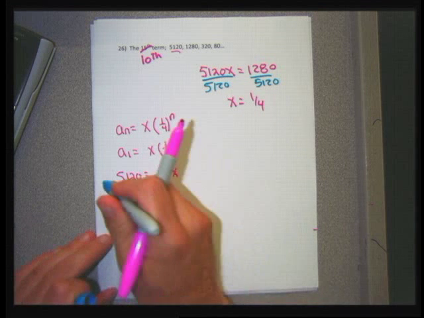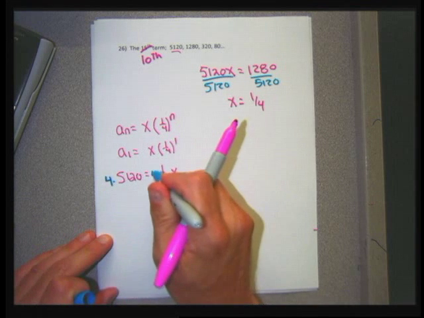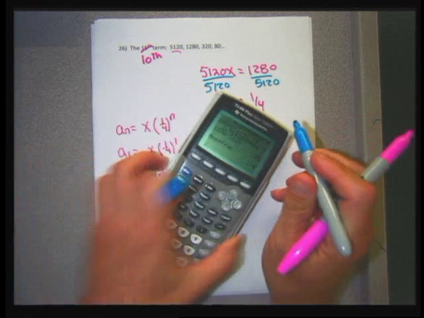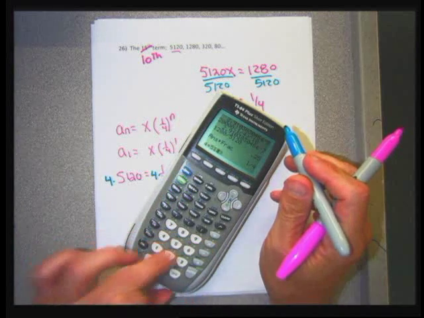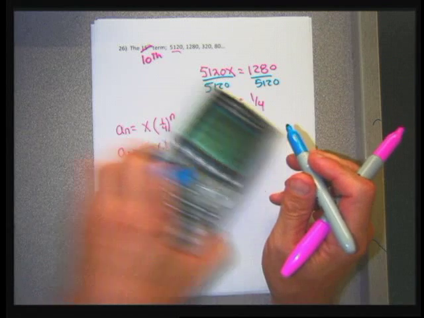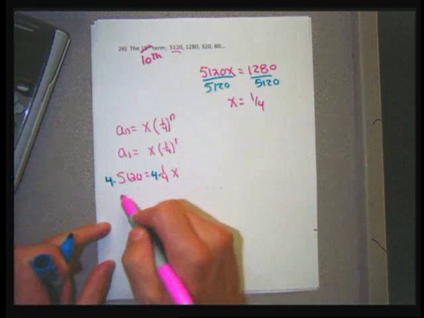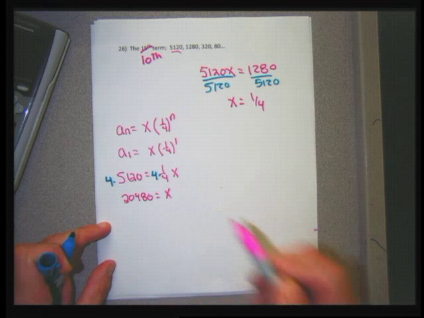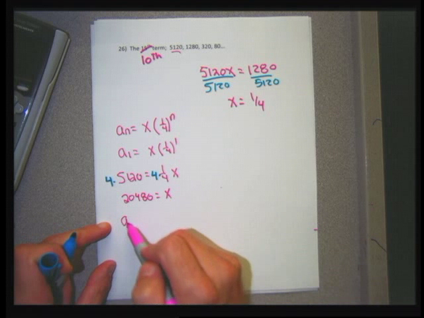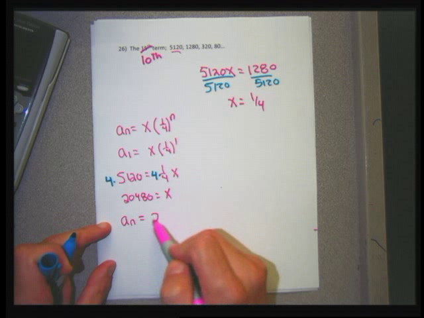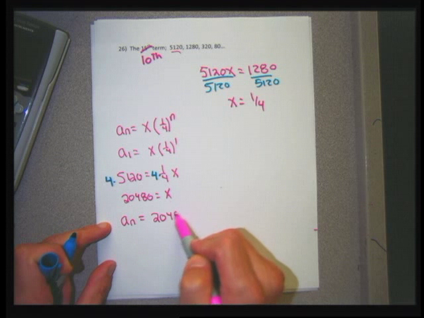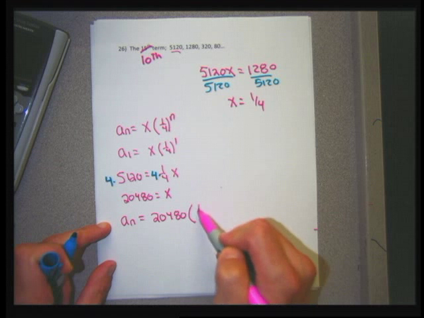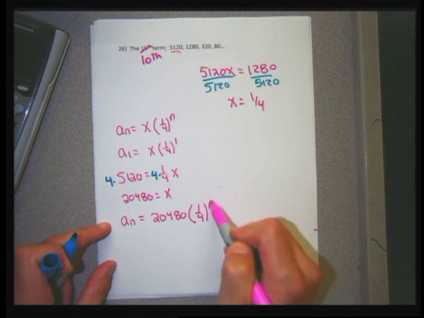I'm going to multiply both sides by 4. On the left side, I'll do 4 times 5120 and get 20,480. On the right side, I'll get x. So the equation for this sequence is a sub n is 20,480 times 1/4 to the n.